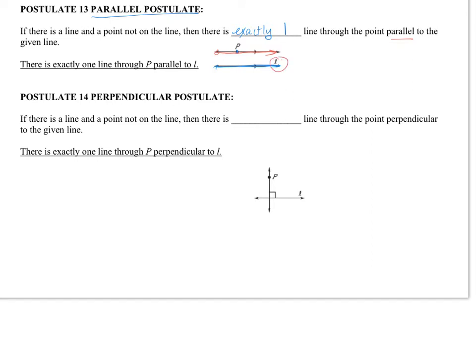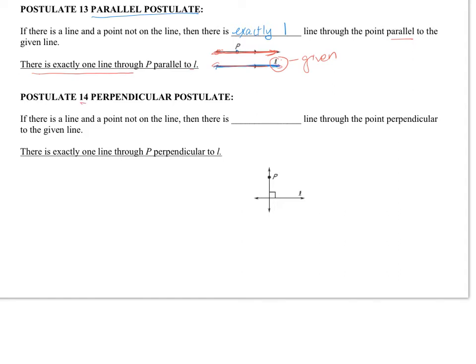So line L will be the given line. So again, parallel postulate, there is exactly one line through P, this line, that is parallel to line L.